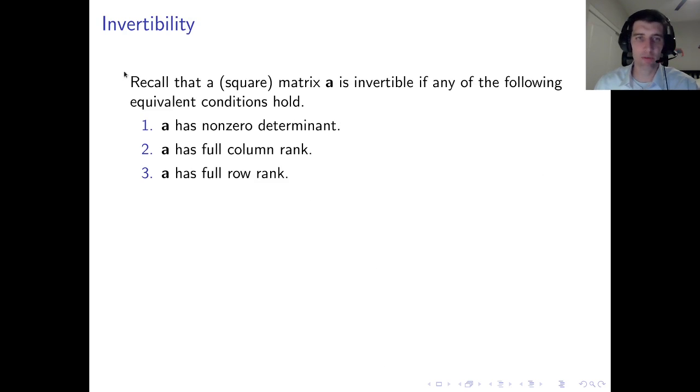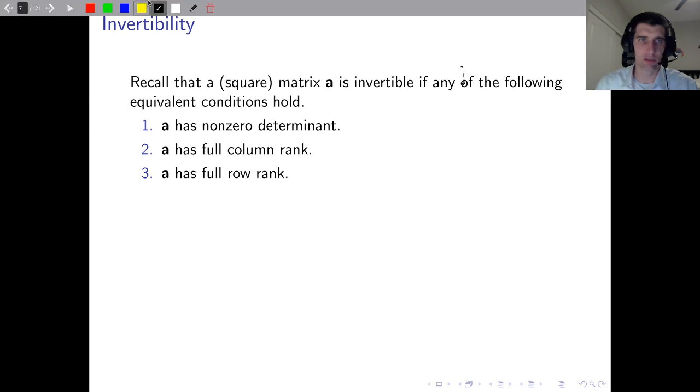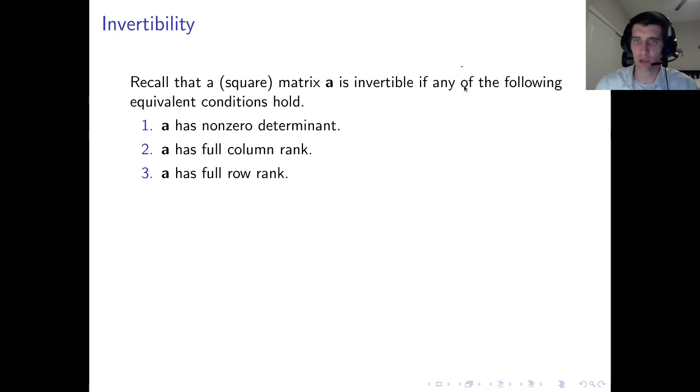So recalling some facts from linear algebra. Recall that a square matrix A is invertible if any of the following equivalent conditions hold. That is, the matrix has non-zero determinant, the matrix has full column rank, or the matrix has full row rank.